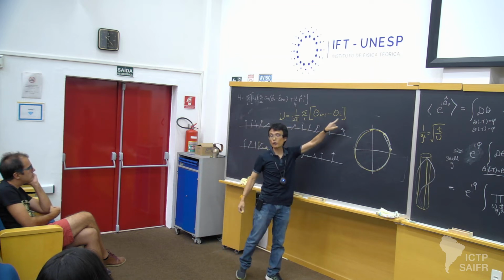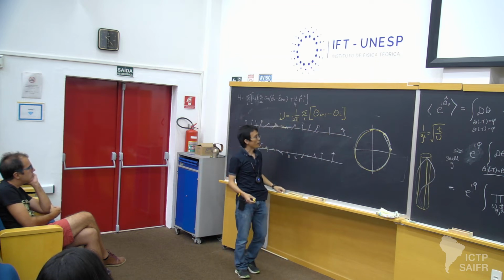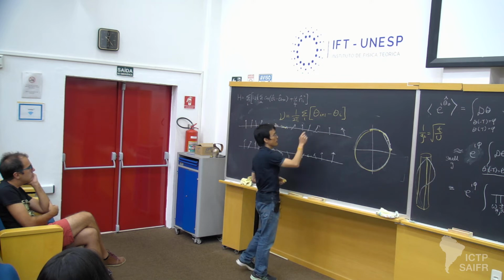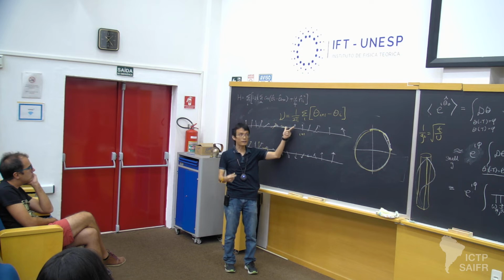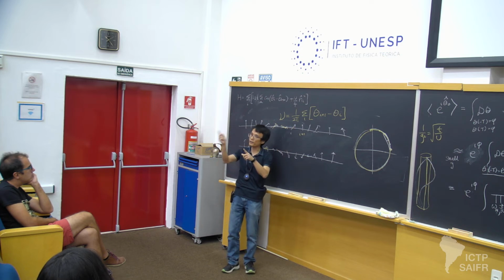This square bracket represents the following. When I measure the angle difference between site i and i plus 1, okay? I insist that the difference in angle is defined in the domain between minus pi and pi.